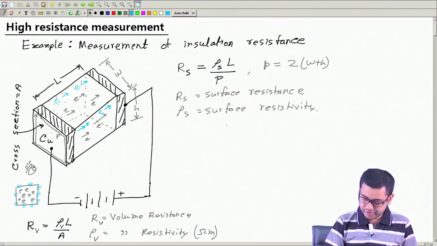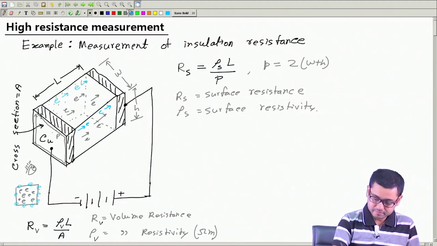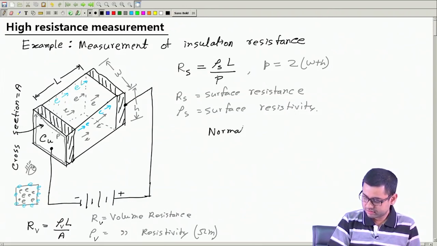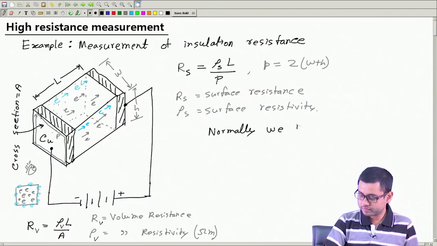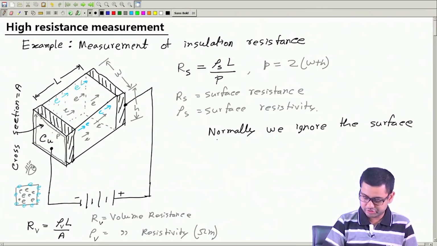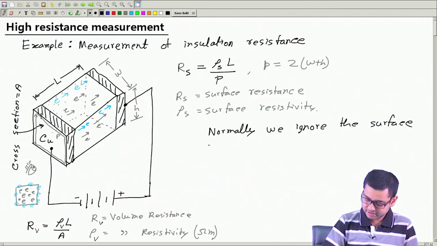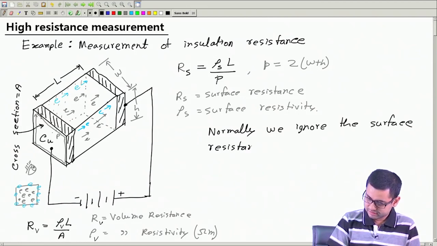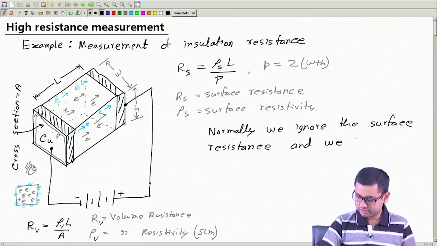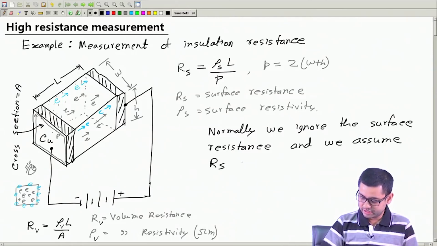Okay. Now, the fact is that normally we ignore the surface conductivity or surface resistance, and we assume that this surface resistance is very high.